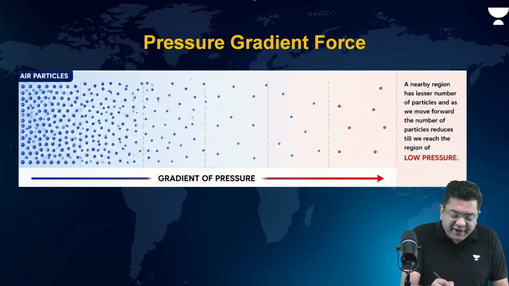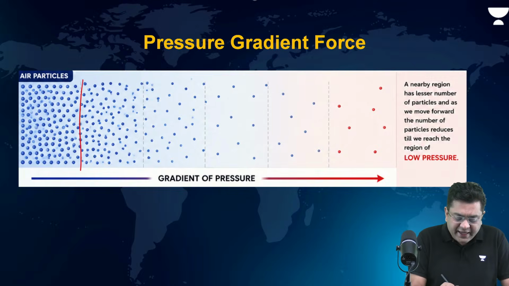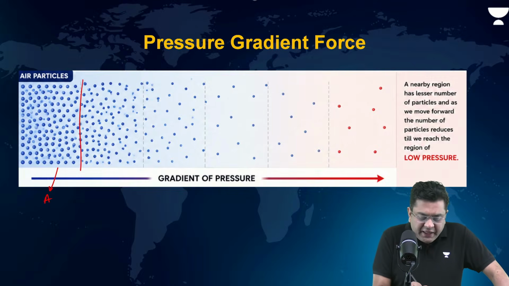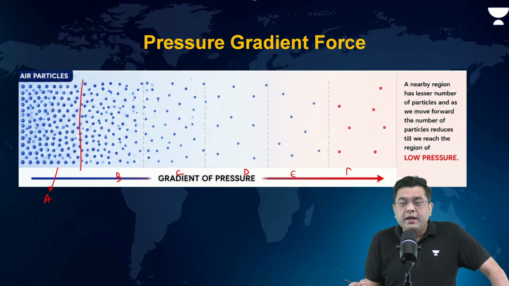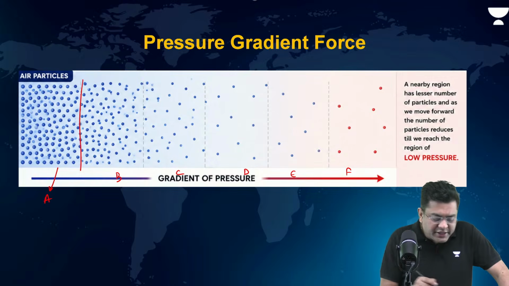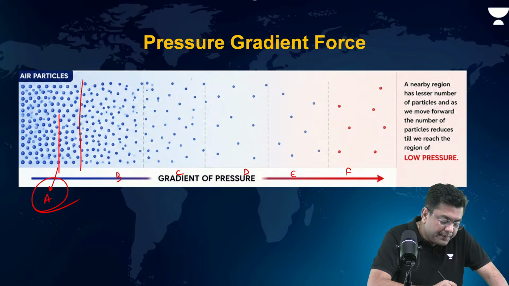For example, if I consider different places, if I consider this region as A, if I consider these regions as B, C, D, E, and F, now, highest pressure is going to be where? In the region of A. That is where you have the surplus particles.